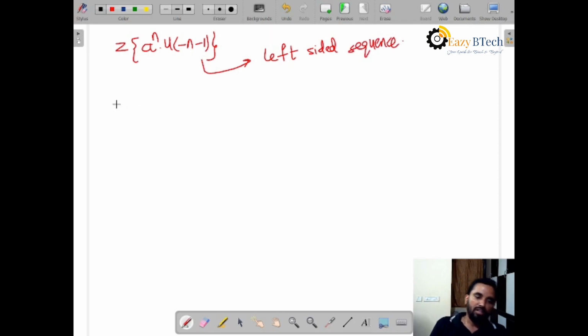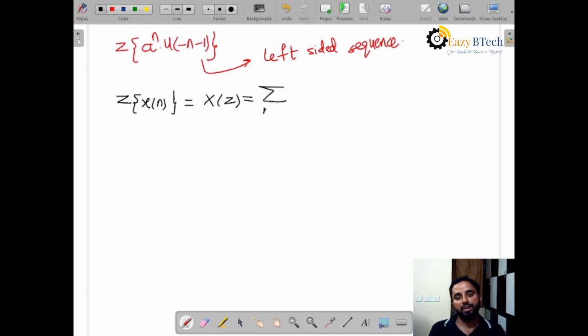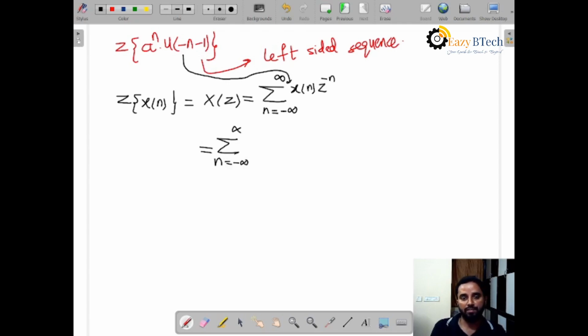So as we know, the Z transform formula: Z transform of x of n is equal to X of z, equal to summation n is minus infinite to plus infinite x of n z power minus n. So the given signal x of n we can substitute: summation n is minus infinite to plus infinite a power n u of minus n minus 1 z power minus n.